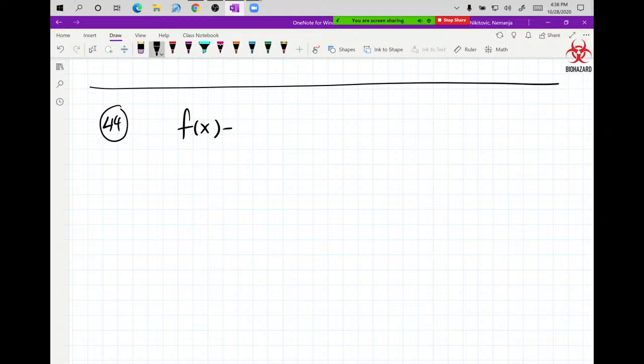Your function f of x is given as inverse tangent of x over x squared plus 2. And that's all it's given to us. So the denominator can never be 0. And because the denominator can never be 0, we have the domain here to be all real numbers.